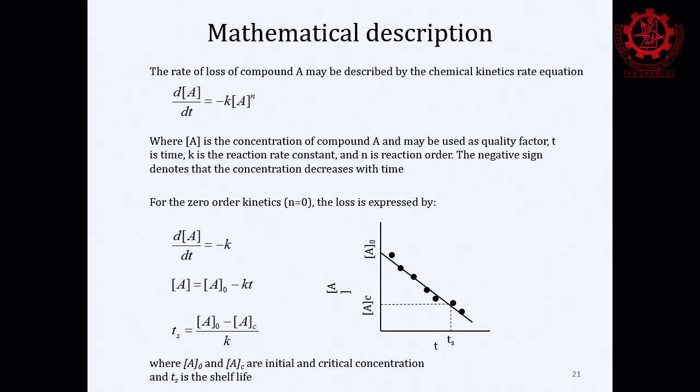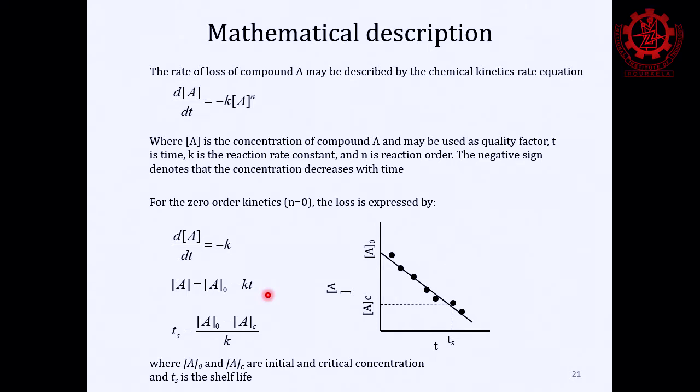So in this case, you can use the same formula to monitor, over time t, any quality parameter in place of the concentration of your component. For example, this A0, in place of the concentration of the component of the food product, it could be the nutrient content.